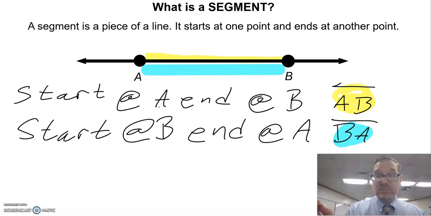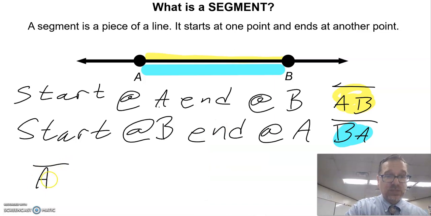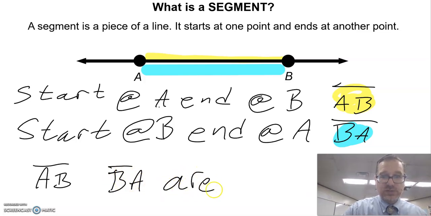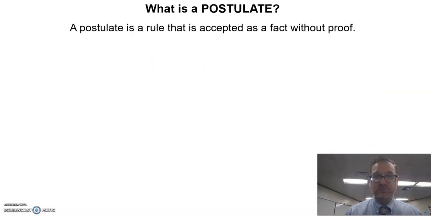Please notice AB and BA are the same segment. Segment AB is the same as segment, let's just erase. If you make a mistake, correct it. And that is segment BA. They are the same because it starts at one point and it ends at another point. You'll notice the yellow segment and the blue segment are the same.